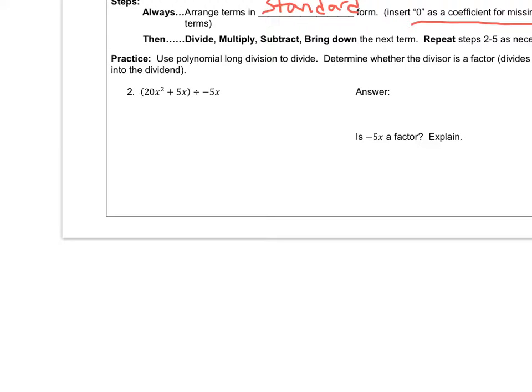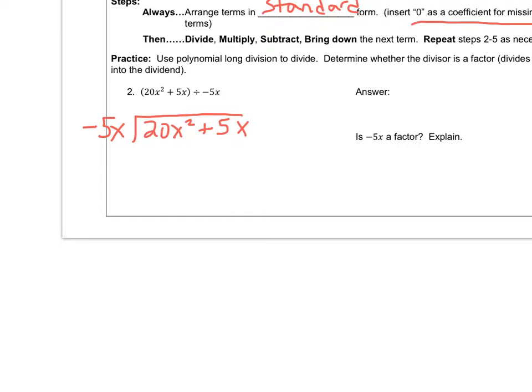So let's go ahead and set up our problem, and what we've got is 20x squared plus 5x, and we're dividing this by negative 5x.